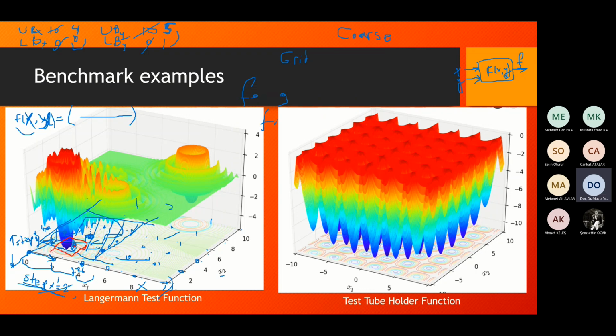Let's say this time the lower boundary is 1 and the upper boundary is 3, and the step size will be, let's say, 0.1. Therefore, we will be sampling 20 points here and 20 sampling points in the other dimension, so we will take 400 samples, and we will most probably catch this value.